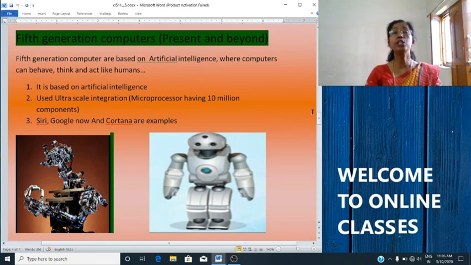These computers are still in the development, though there are some applications such as voice recognition, intelligent robots, etc. are used. You have seen robots, no? They are programmed to carry out certain tasks. They decide themselves as how the task should be accomplished.